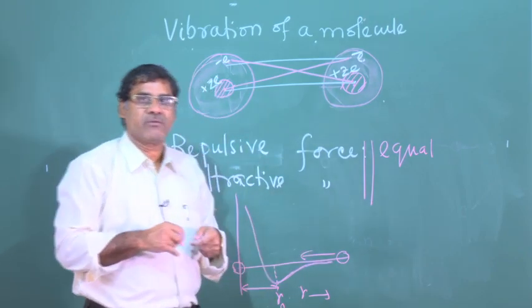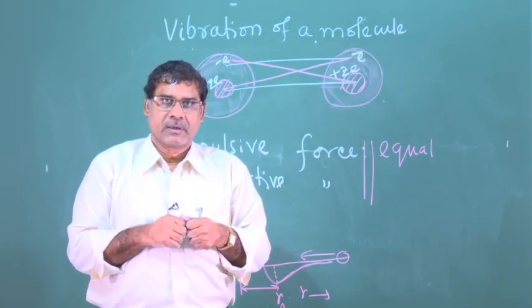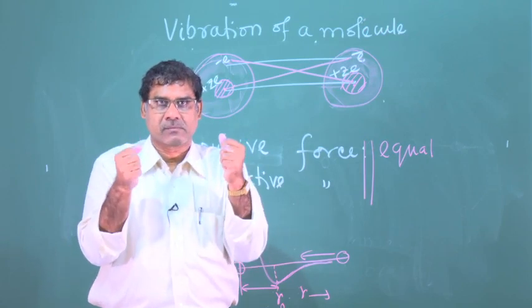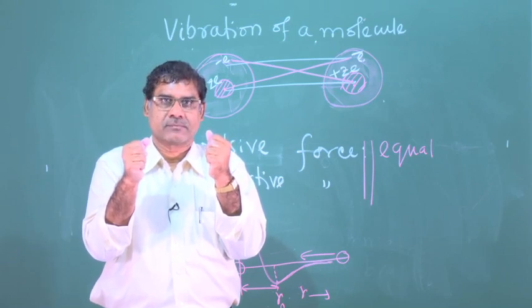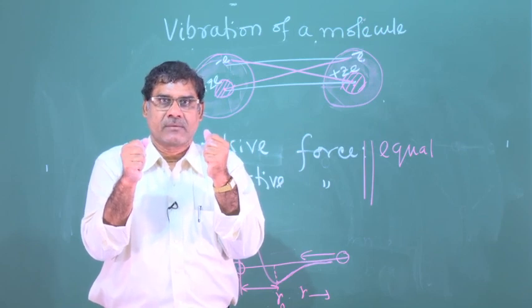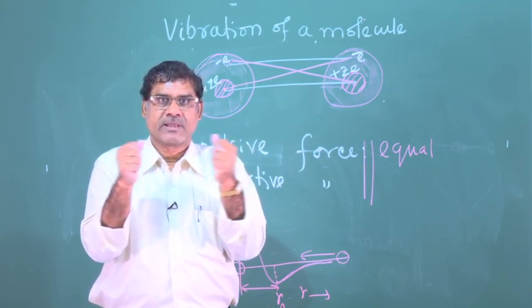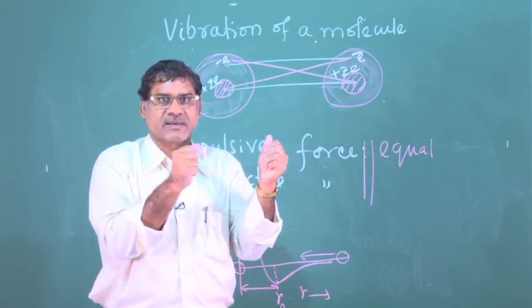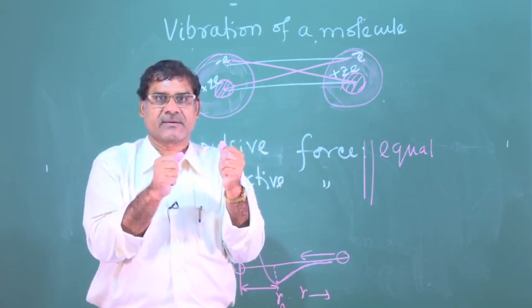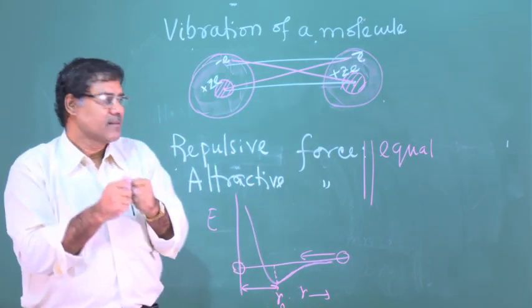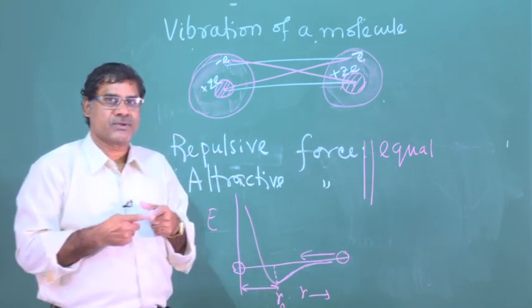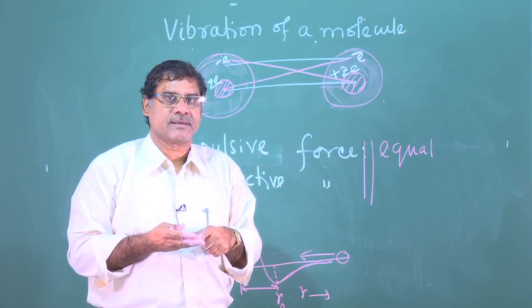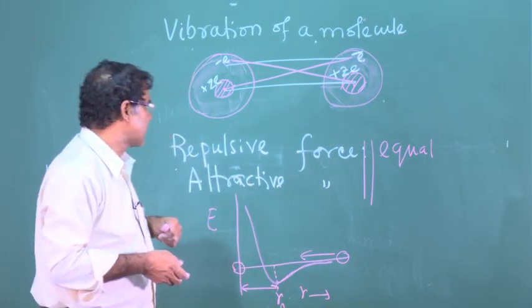It will happen during vibration. For a diatomic molecule in the equilibrium position, the bond length, the equilibrium distance, is r0. Now, when they vibrate, symmetrically or asymmetrically, their energy will change, and that is basically potential energy.